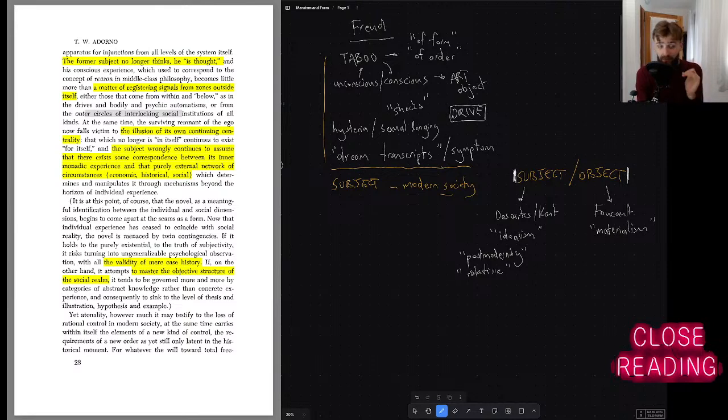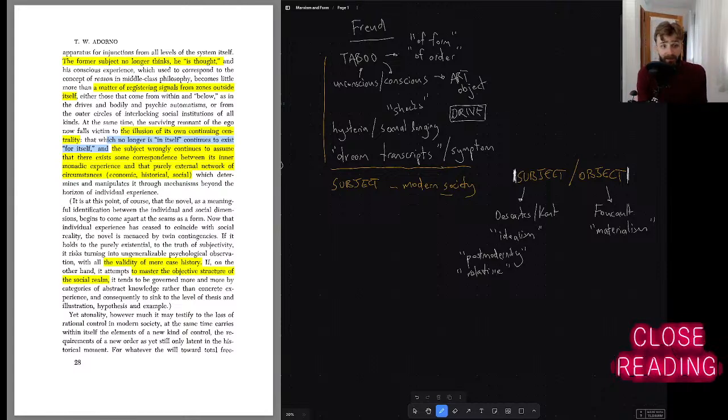The subject in modern society, Jameson seems to be suggesting, is both subject and object, or has aspects of both the subject and the object, right? But Jameson, in this section that we just read, strongly wants to resist polarizing the position of the subject either too far to that subject side or too far to that object side.